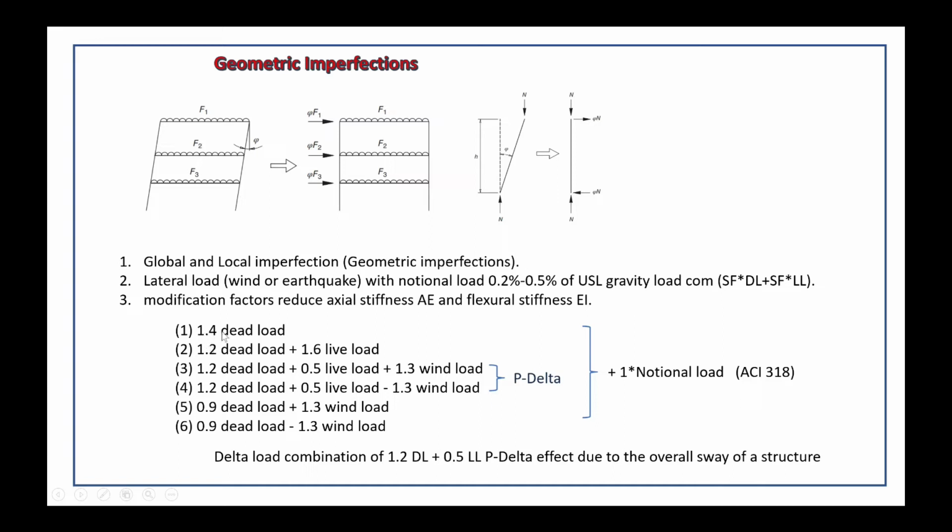For example, 1.4 the dead load plus 1 notional load, and 1.2 the dead load multiplied with 1.6 live load plus 1 notional load, and for the combination 1.2 the dead load plus 0.5 live load plus 1.3 wind load plus 1 notional load. And for the P-delta effect, you can use 1.2 DL plus 0.5 LL.